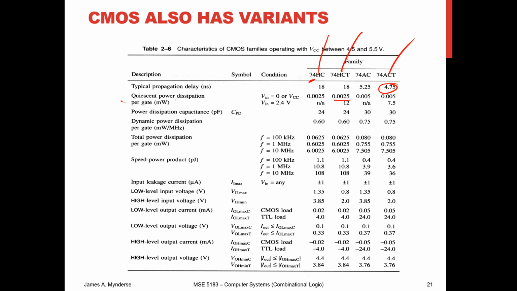That's almost nothing. Let's see, the total power dissipation per gate, remember it fluctuates as a function of frequency. So if you're doing relatively low frequency stuff, then you're still pretty close to the idle, which is not a big deal. And that's the real advantage here of the CMOS, is the power. Again, we'll talk about the voltages later.